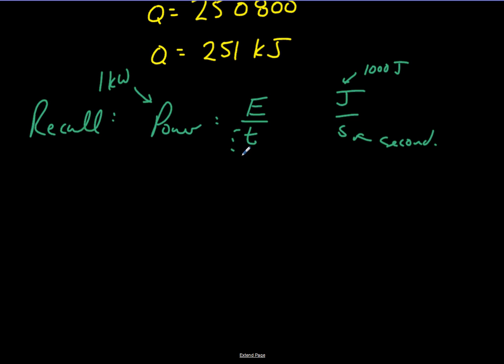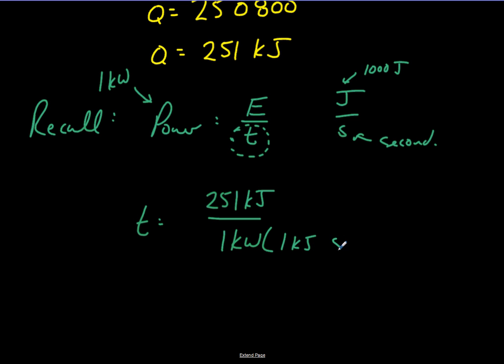So what we want to know in terms of this scenario is how much time is this going to take? So rearranging the formula, the amount of energy we need is 251 kilojoules divided by power. In this case, it's 1 kilowatt, which is the same as saying 1 kilojoule per second.